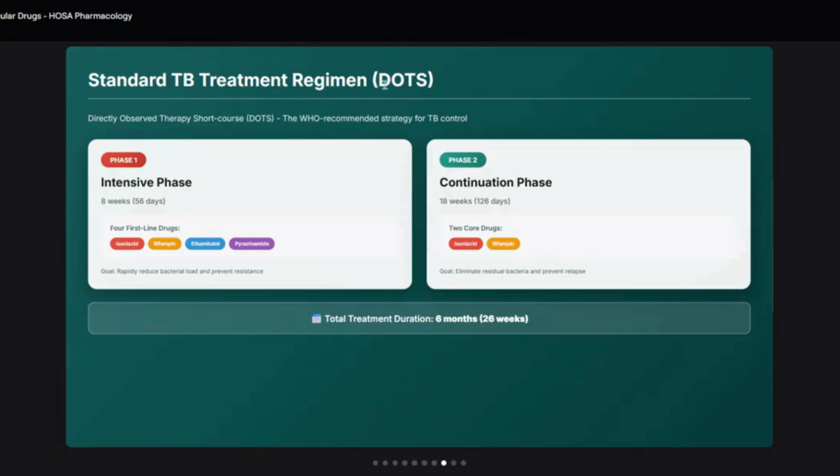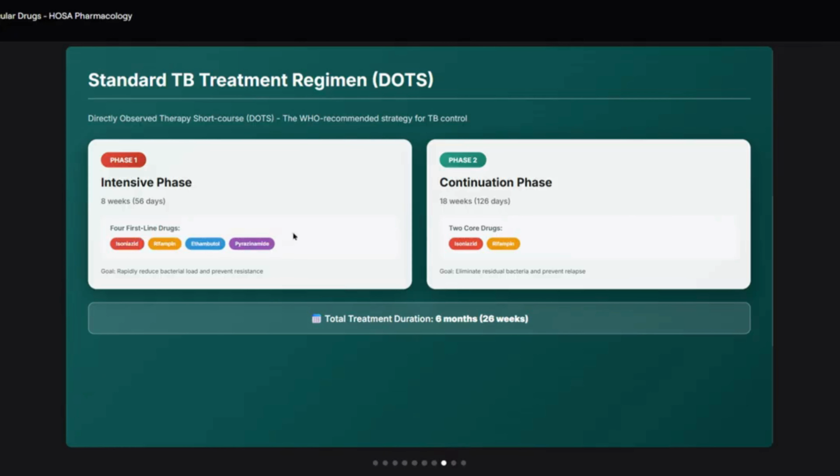In order to treat TB, you have to use DOTS, which is directly observed therapy, short course, and it's used for TB. In this DOTS treatment, there are 2 phases: phase 1 and phase 2. Phase 1 is the shorter one, which is still relatively long, and it contains all 4 of these drugs.